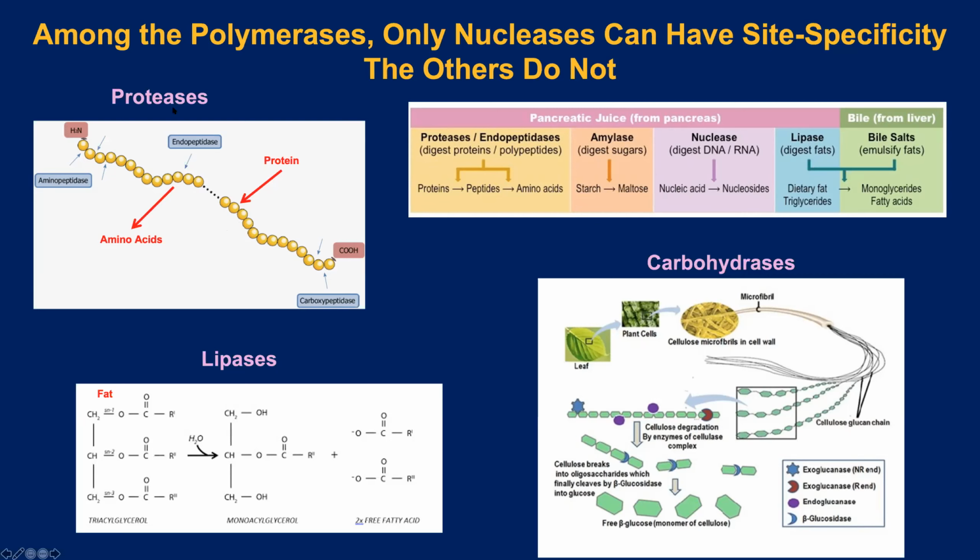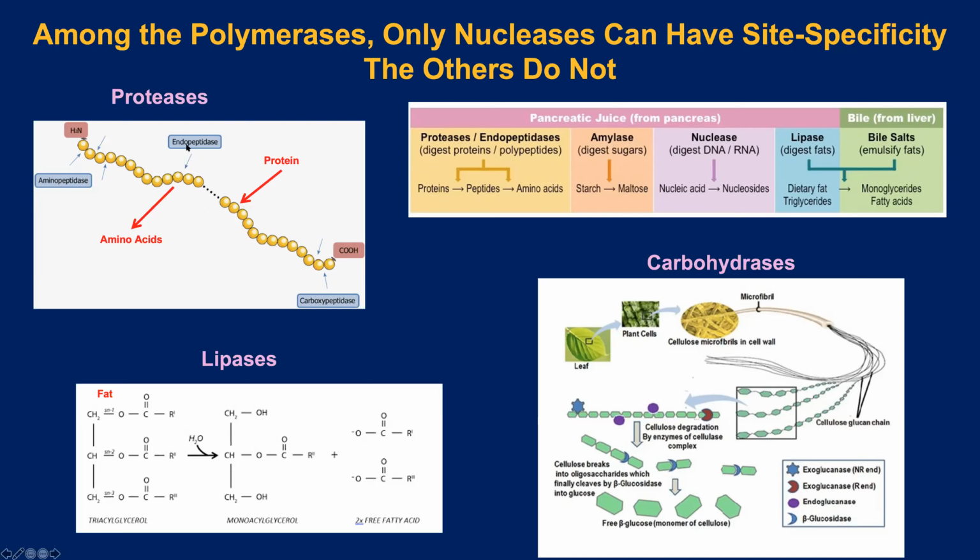So if we look at proteases, here's a protein, these yellow balls. Proteins are degraded to individual amino acids by 3 different types of enzymes. They're carboxypeptidases, which chew amino acids off of the carboxy terminus of a protein. The aminopeptidases, which do the same thing at the other end.